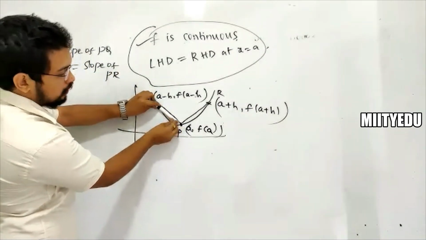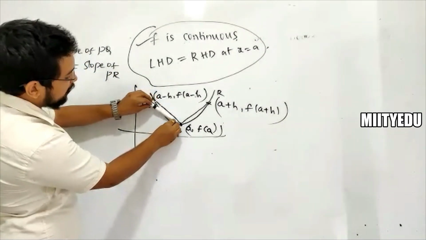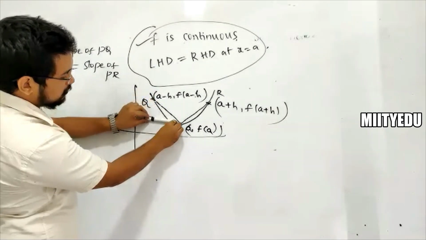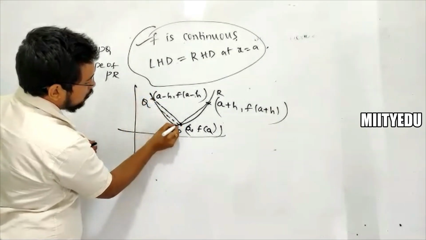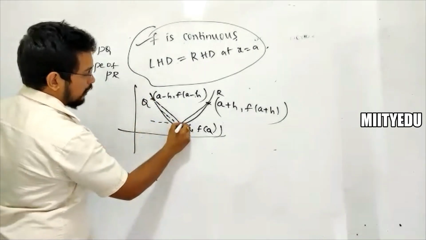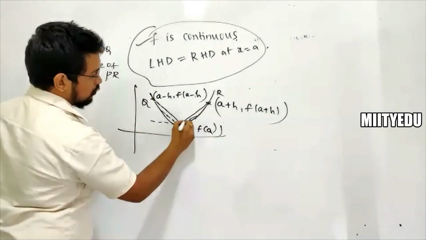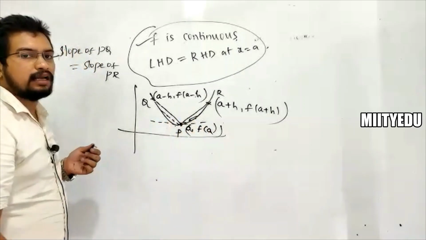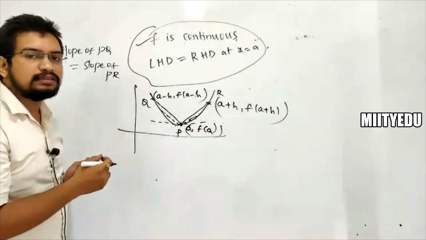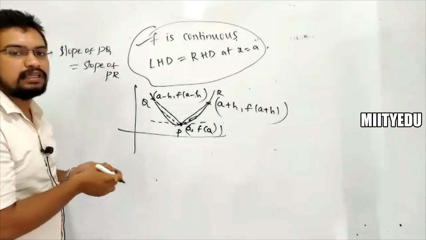This is originally in this position. Then what I'm doing is I'm trying to limit this like this. If I'm limiting this, it goes like this. Again, I'm trying to limit this point. Now this part and this part represent the same straight line, which means their slopes will be equal.